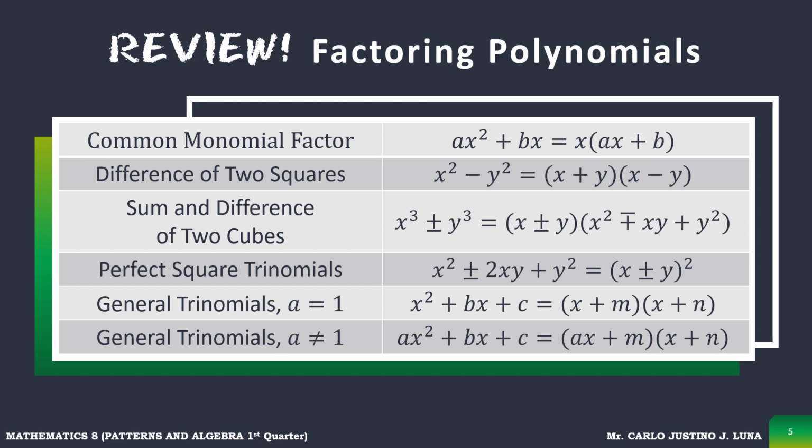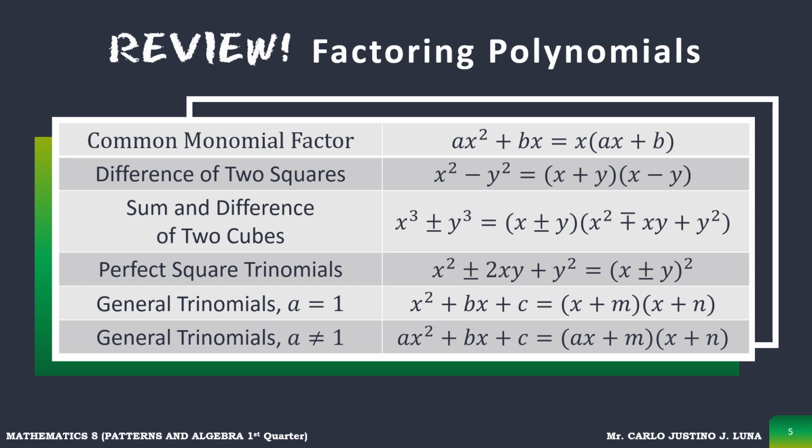Okay, let's now have the next one, general trinomials, wherein our a is 1. So we have this given trinomial, x squared plus bx plus c. If the given is a general trinomial, the factors would be the quantity x plus m, the quantity x plus n. What are m and n?